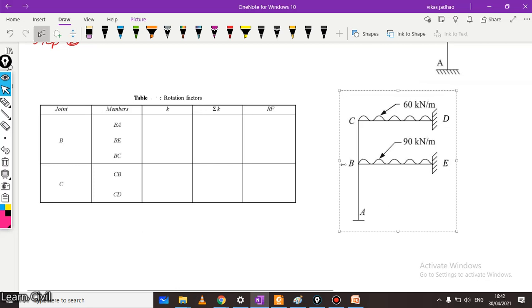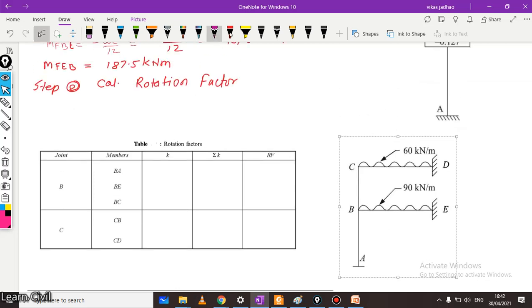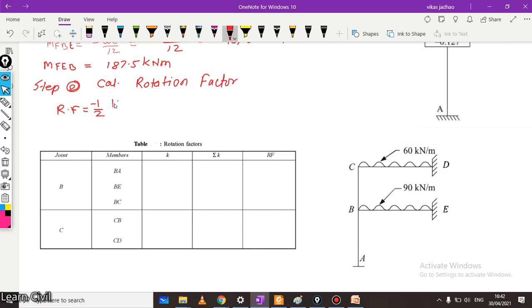Now we know that the rotation factor is given by the equation: rotation factor is equal to minus half into Ki divided by summation Ki, where Ki is the stiffness of the individual member and summation Ki is the summation of stiffness of all the members meeting at a particular joint.